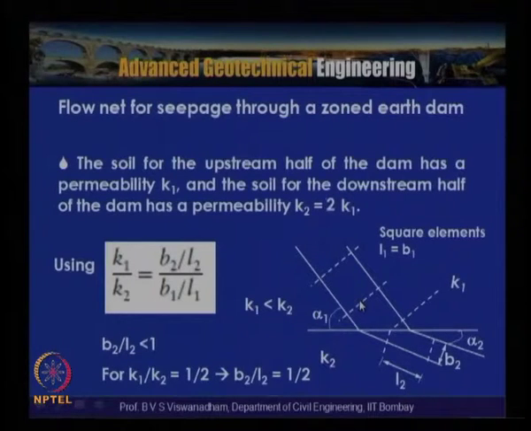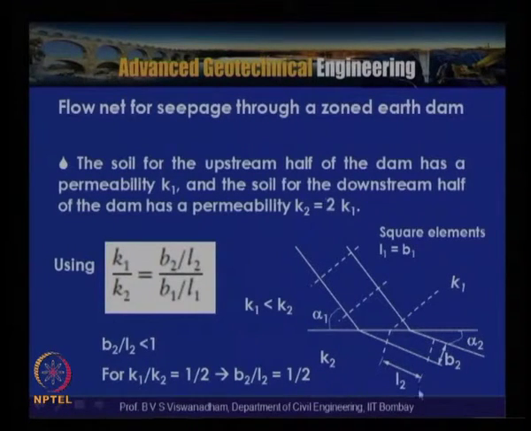like the flow net for the seepage through a zoned earth dam, where we said that the soil for the upstream half of the dam has a permeability K1, and soil for the downstream has a permeability of, here it should be K2. In this example it is shown as 5 K1, but here it is 2 K1. So with K1 by K2 equal to 1 by 2, and B1 by L1 equal to 1, we get K1 by K2 equal to 1 by 2, B2 by L2 equal to 1 by 2.